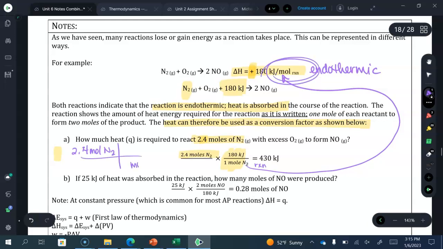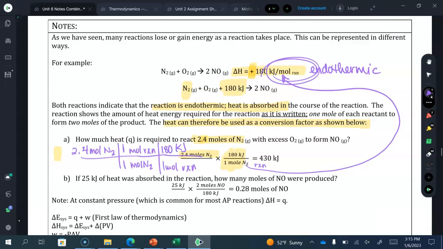So moles of N2, 2 moles of reaction, and then your 1 mole of reaction, or for every reaction, you have 180 kilojoules, where this should be 1-to-1, and that's why you could omit this middle process and just cancel these and put it together.